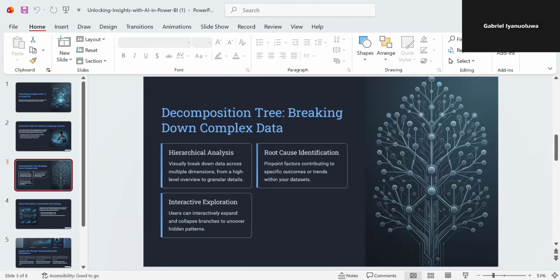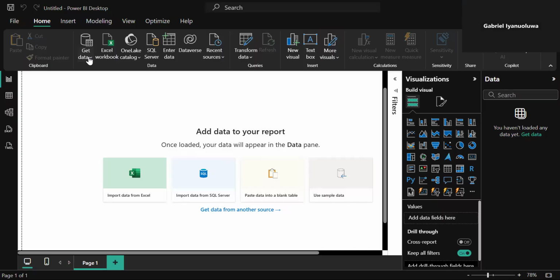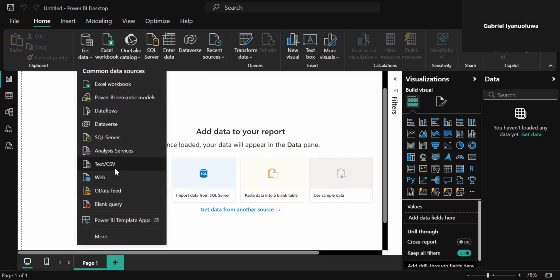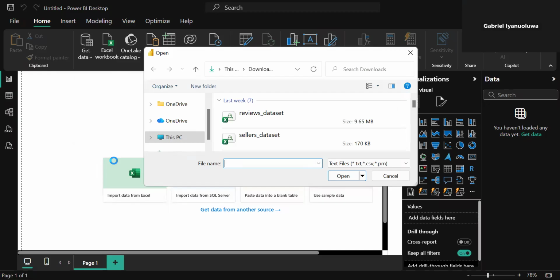So now I'll be showing you how to work with that in Power BI. We have to import our data first. We get data, and we're working with a sample data set, which is a CSV file. I know by now we know how to import data.